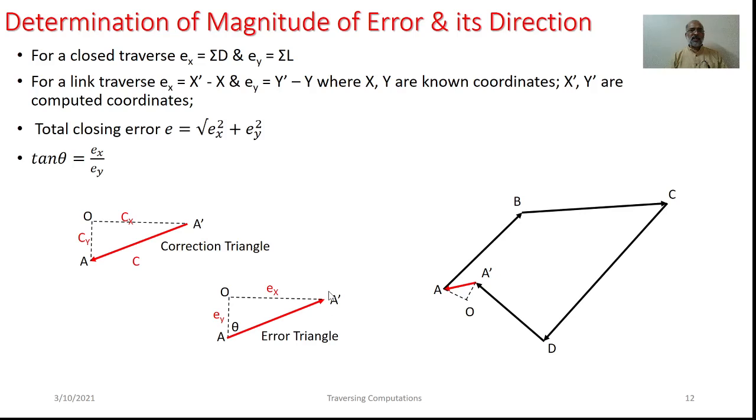Here, this error E can be worked out as square root of EX squared plus EY squared. Also, its direction will be given by tan theta = EX by EY. As such, as we work out the inverse of that, theta, we'll be able to know in what quadrant that particular line lies.